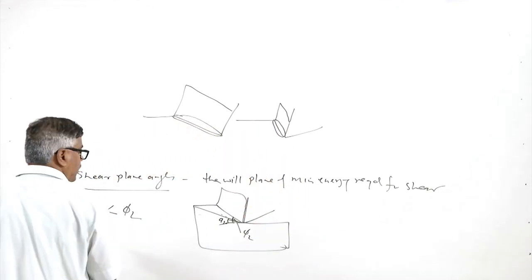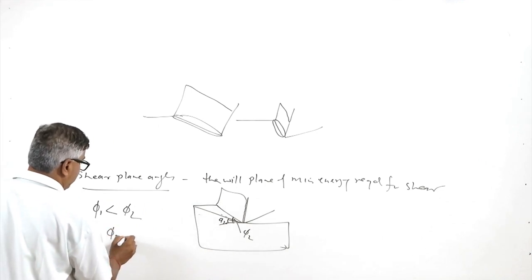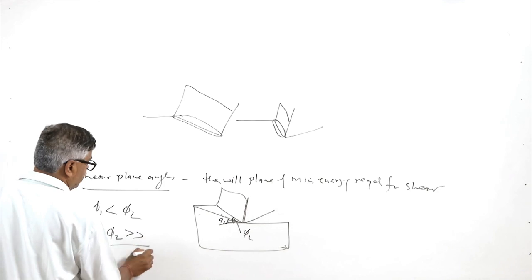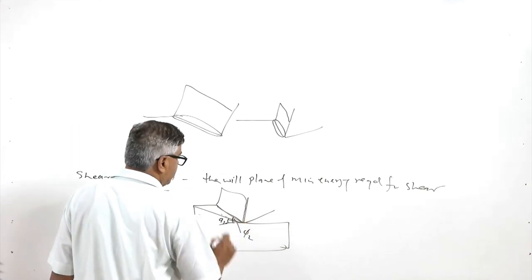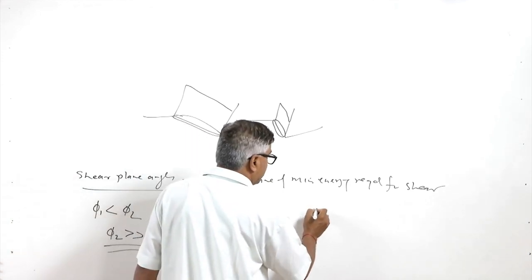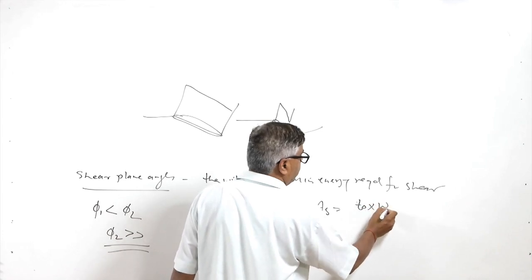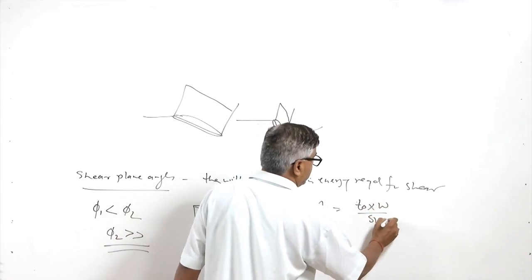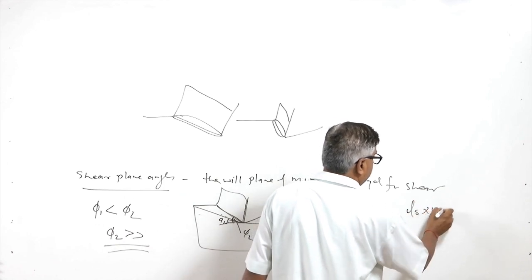So it is always good to have the phi value as high as possible, so that the shear plane length can be reduced, since the shear area As is a function of t0 into w divided by sin phi, which is basically Ls into w.